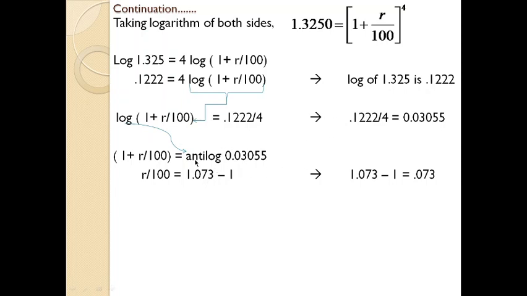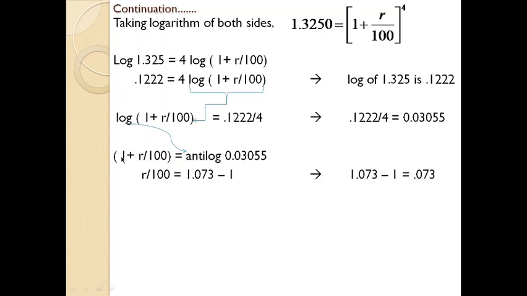If you don't know the concepts of anti-log and log, we will discuss them in detail in the next sessions. For the time being, just understand that log of this number is this one and anti-log of this number is this one. Just go through the concepts and steps for this problem alone. You can study finding log and anti-log in the coming sessions.